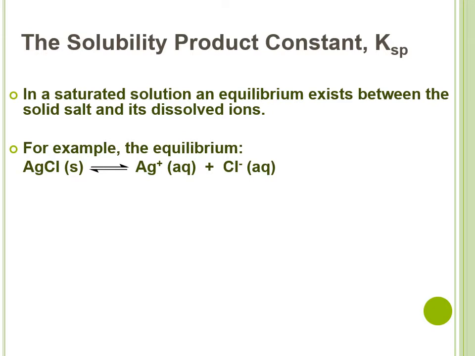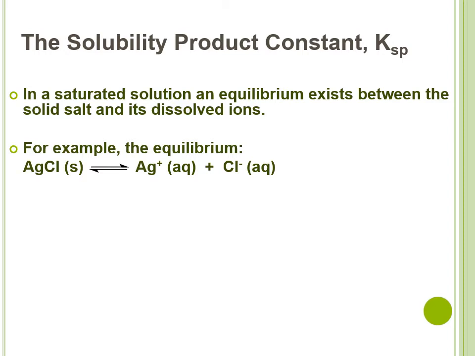For example, silver chloride. The equilibrium equation for the salt dissociation is reversible: AgCl solid becomes Ag+ aqueous plus Cl- aqueous. Notice that starting from now, in all the balanced equations, we must put the phase.